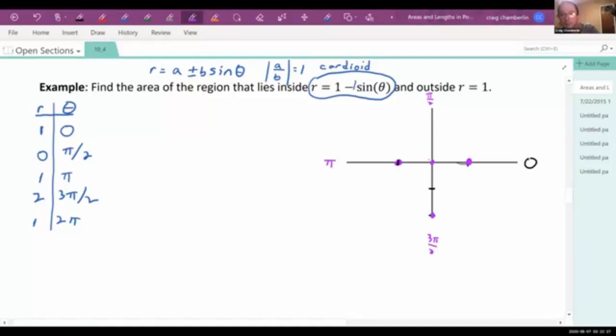And so I know it's going to be a cusp right here at the origin. And so just from the points I plotted, I don't know how high exactly it goes in the second quadrant here, but I'm pretty sure it'll look more or less like this. And try and make it look symmetric with the y-axis, theta equals pi over 2.